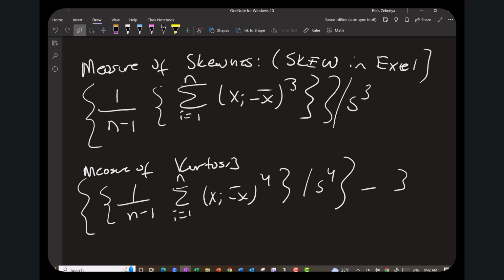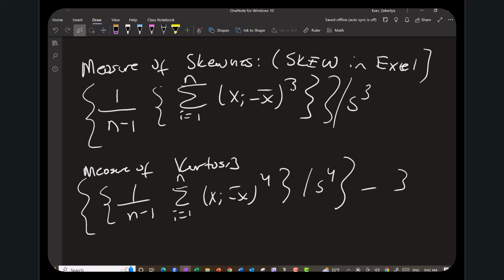Remember, we were worried about that even for the mean, where that outlier has its own weight. In variance or standard deviation, we were worried about squaring, and so on.